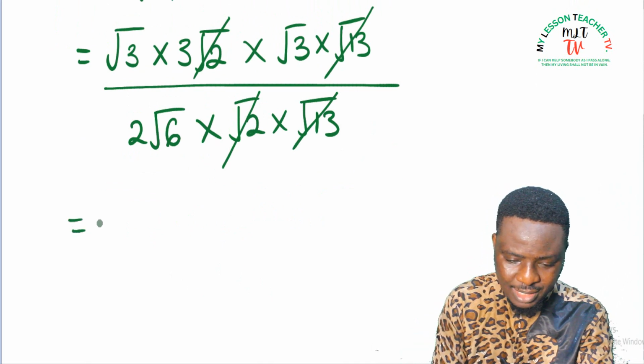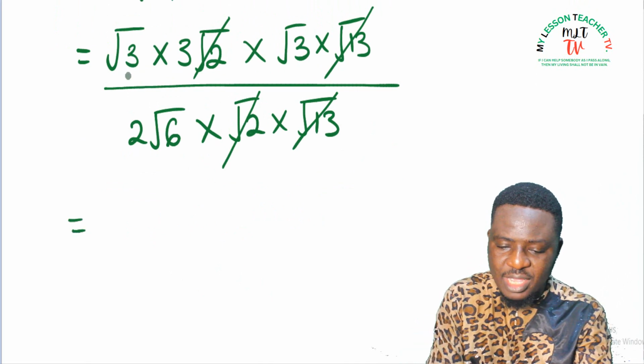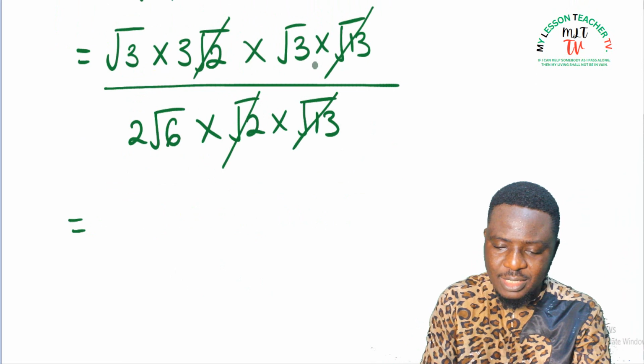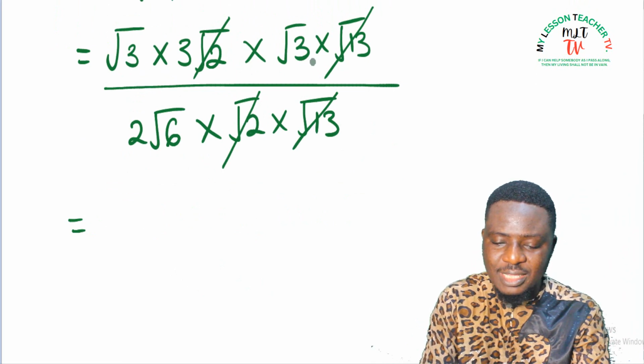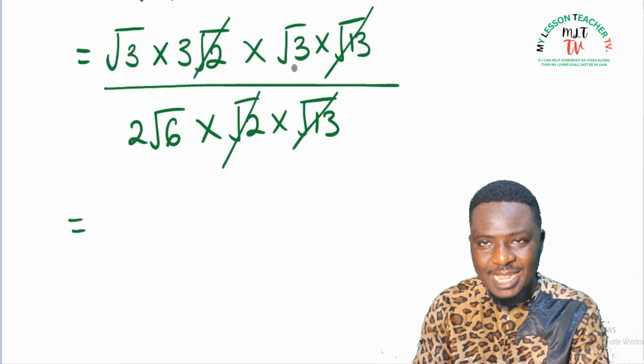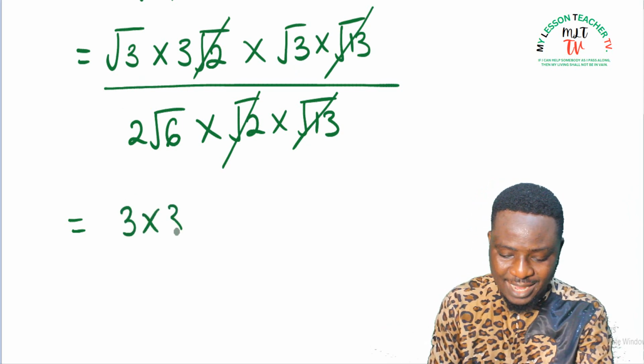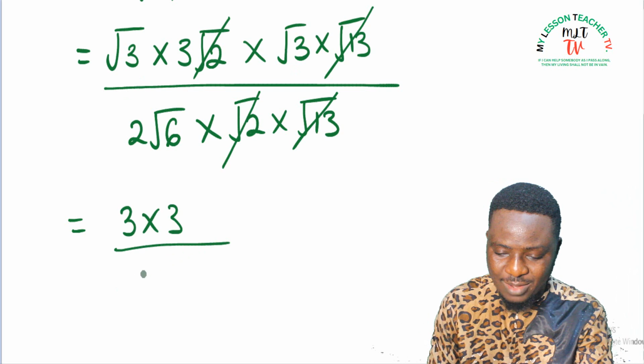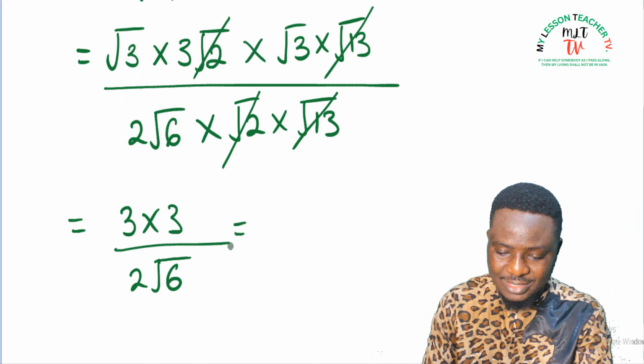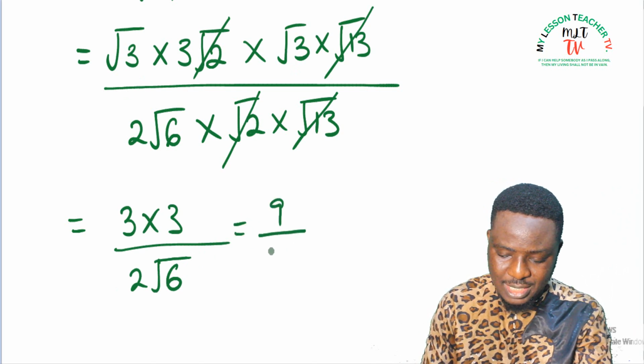6. And this is equal to, what I have here is 3 times 3. Okay, root 3 times root 3 is root 9. And root 9 is 3. So this becomes 3. And that is 3 times 3 divided by 2 root 6. So this is equal to 9 divided by 2 root 6.